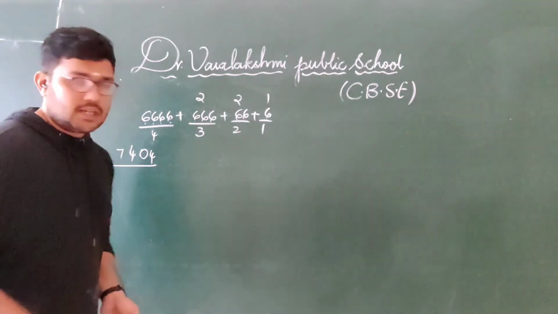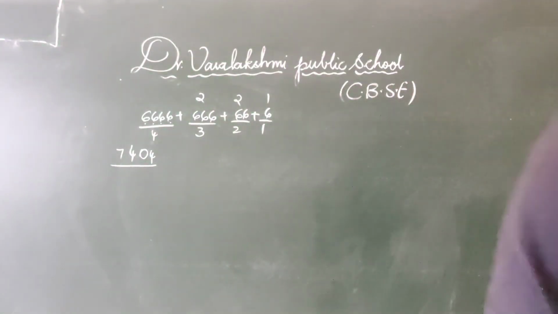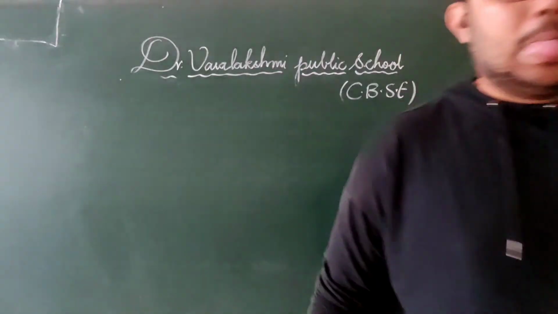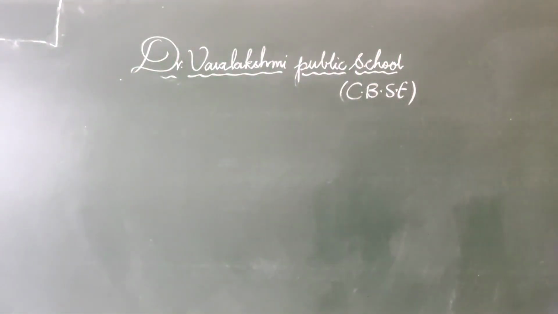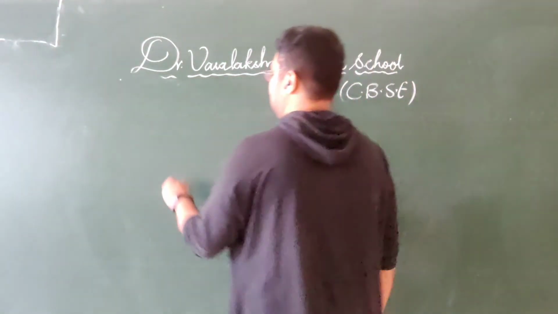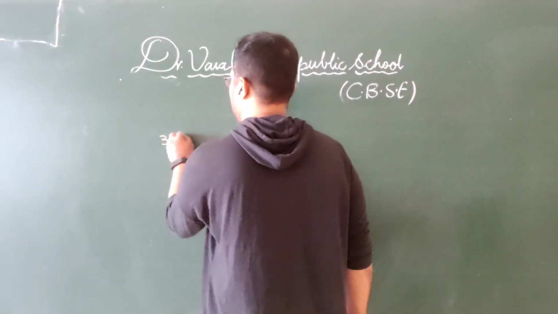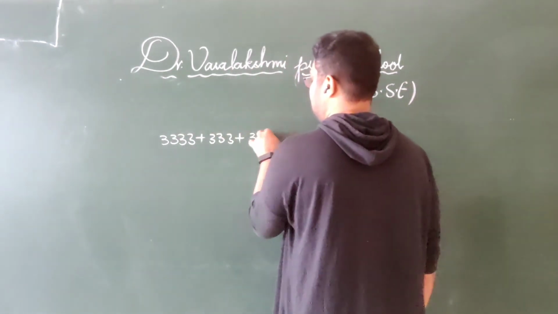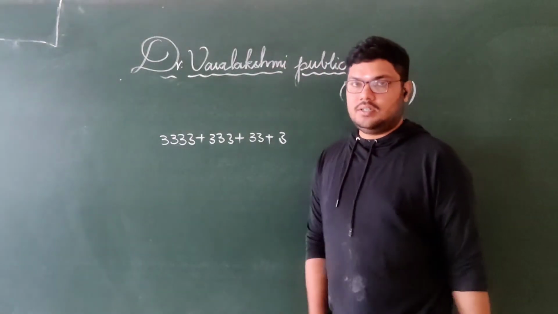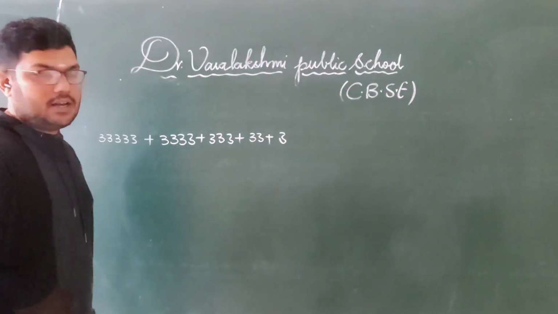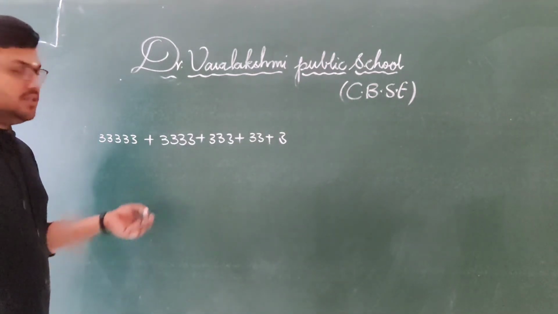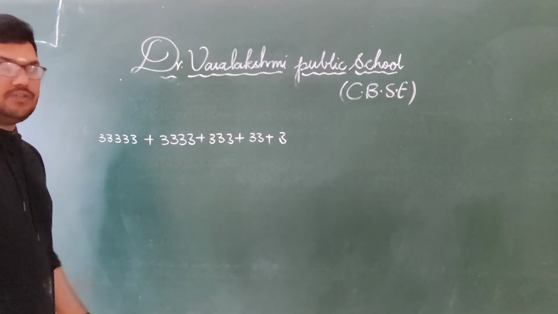Now let us see one more example. 3 plus 3 plus 3 plus 3. Right? So calculate how many. Let us start with 5 threes, and after that 4 threes, 3 threes, 2 threes, and 1 three.